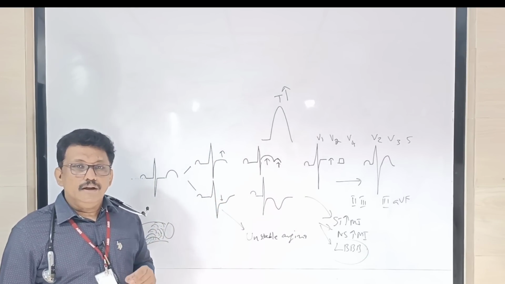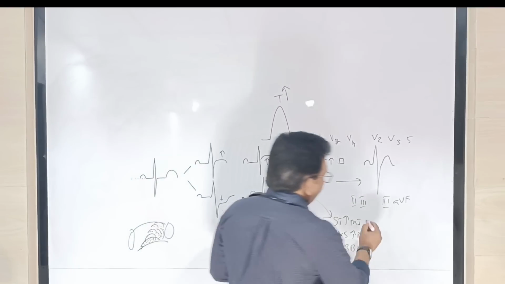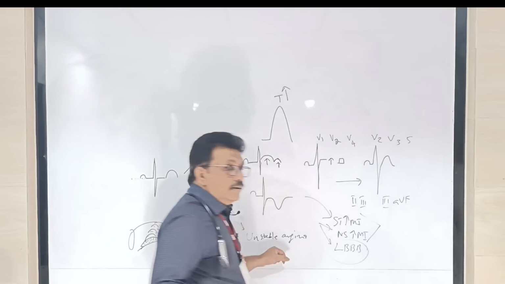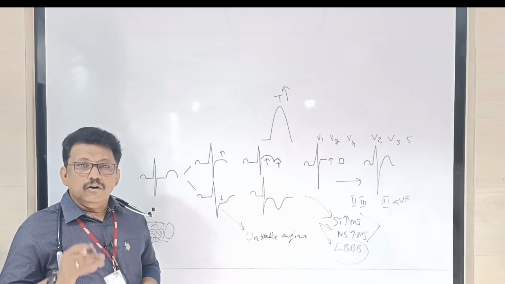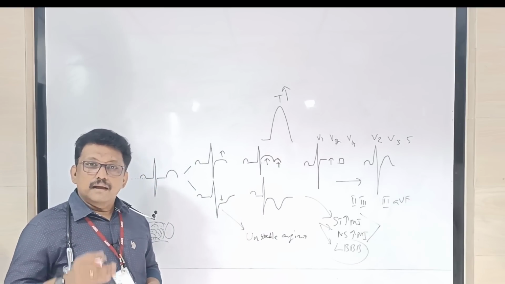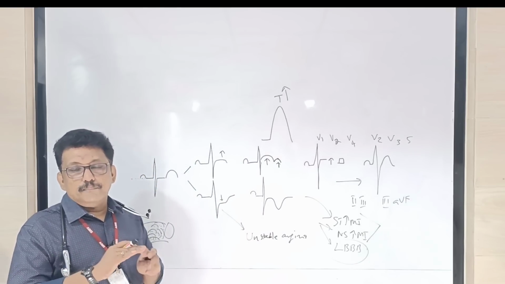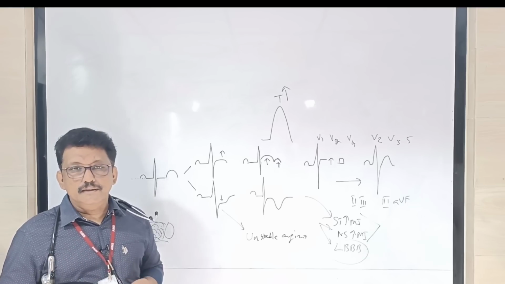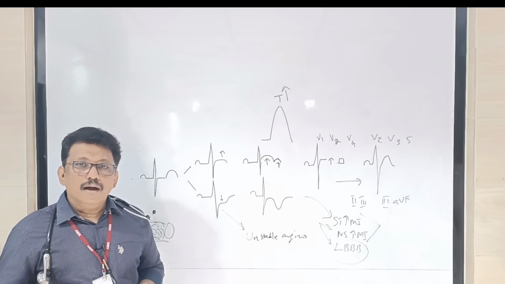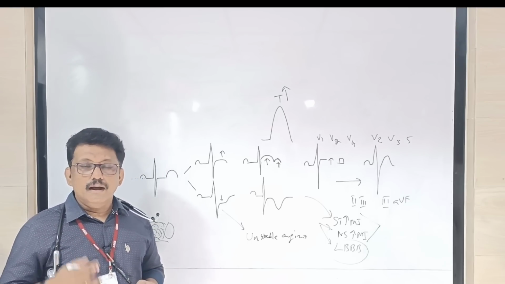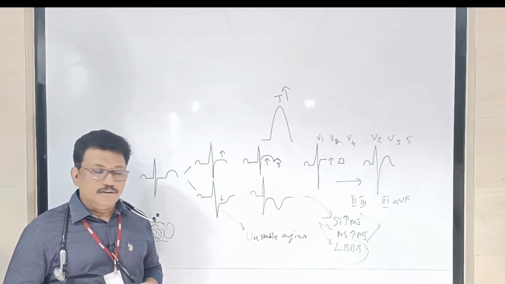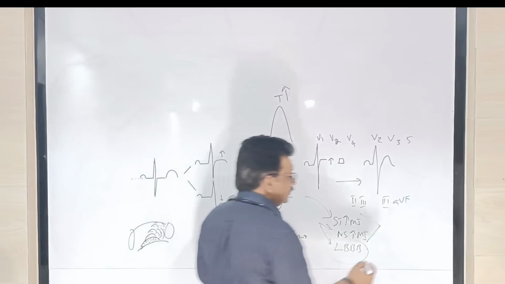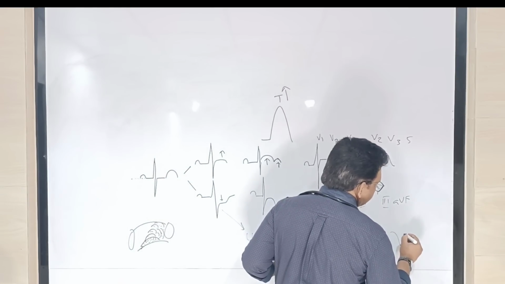But one more thing we have to discuss: after an MI, if you are thrombolyzing properly or taking the patient for angioplasty, and that part of the myocardium has completely survived, then there may not be much change in the ECG. But if we are unable to thrombolyze the patient or give proper treatment during the acute phase, then the ECG may develop a Q wave.